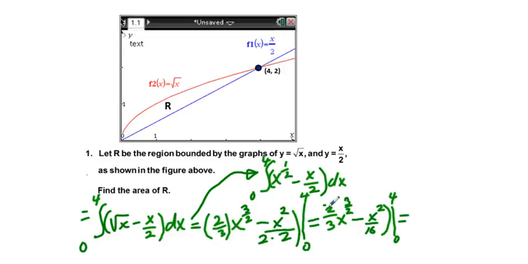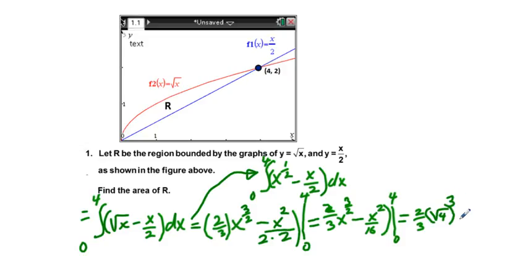Well, this x to the 3/2 is going to be, I'm just going to put 2/3 here, and x to the 3/2 is the square root of, this time I'm going to put in 4, square root of 4, and we're going to cube that.